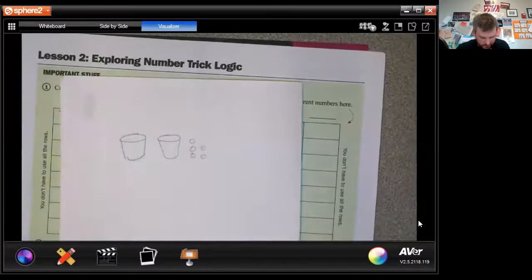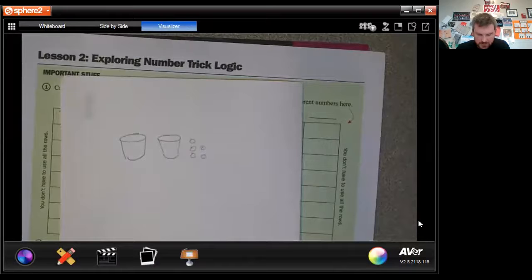That's what you have. What if we ended there? Could you still figure out how many the bucket represented, or would you need something else? If this was the only thing you had, could you figure it out?